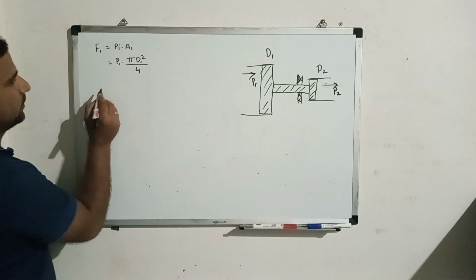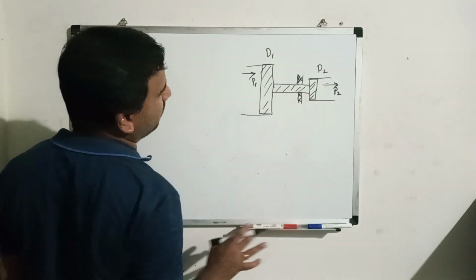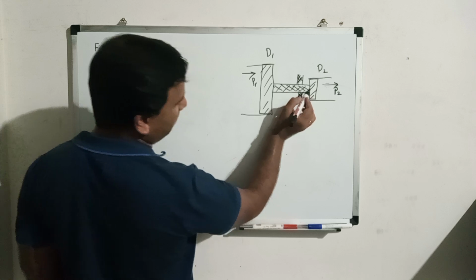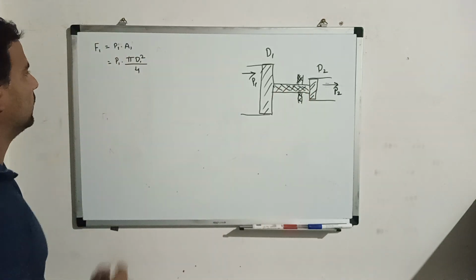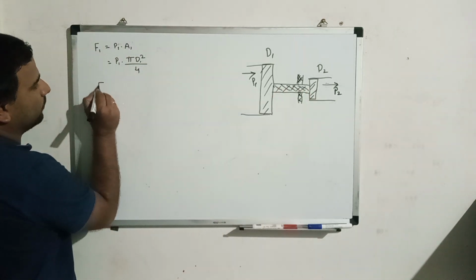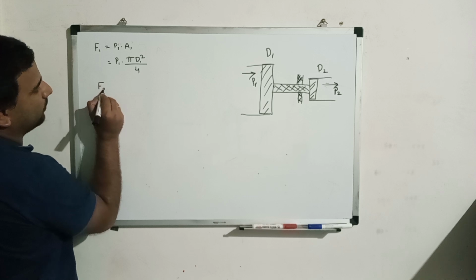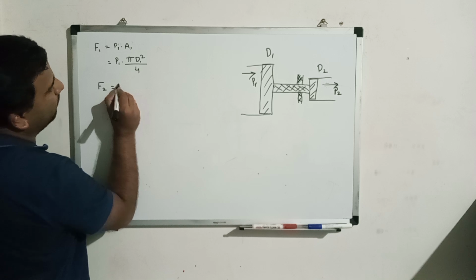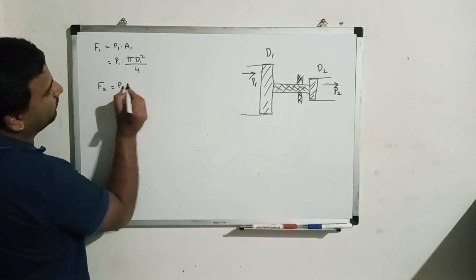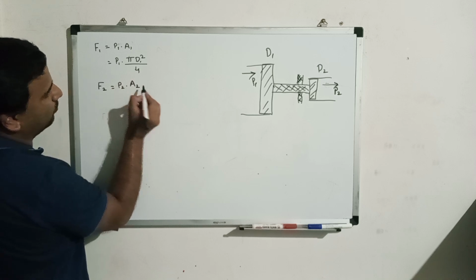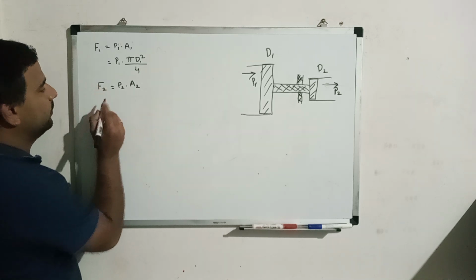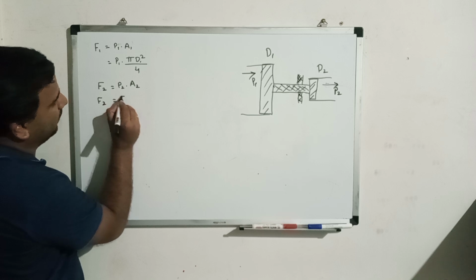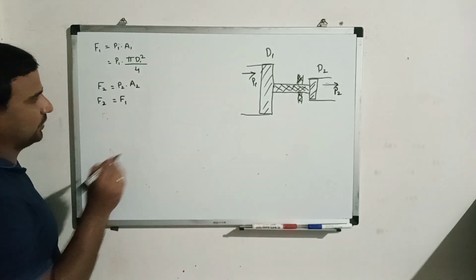Now this force is transmitted to the smaller piston because we are assuming, or you can theoretically say, that this piston rod is rigid. So F2 that is experienced is P2 times A2. F2 is equal to F1 because, just as I mentioned, the piston rod is rigid.